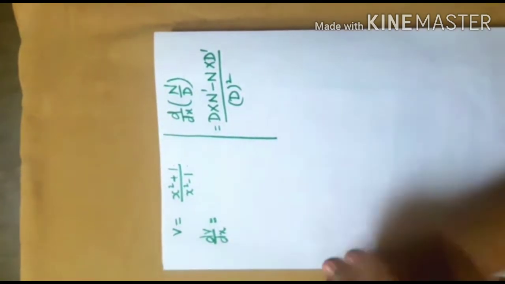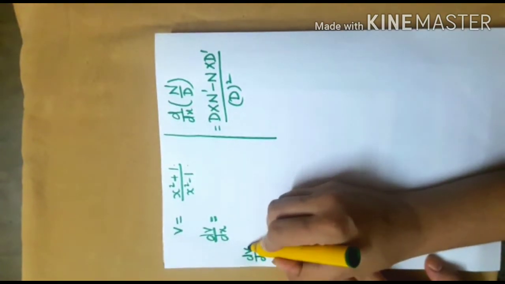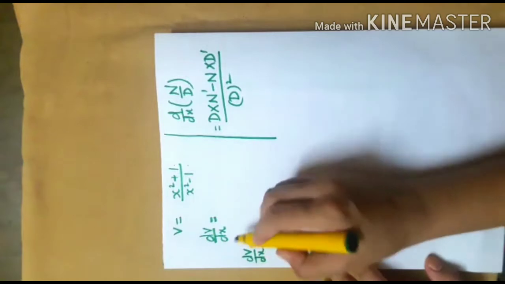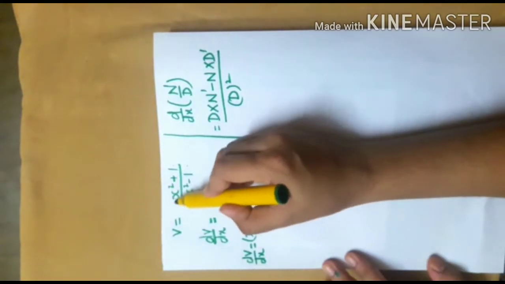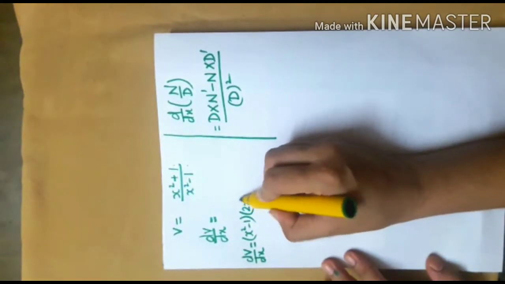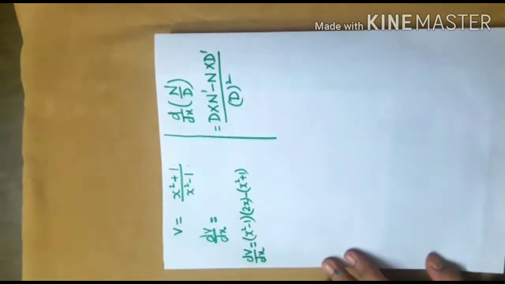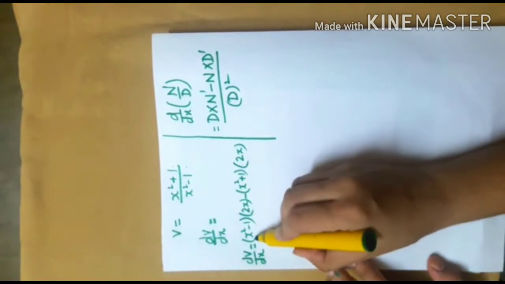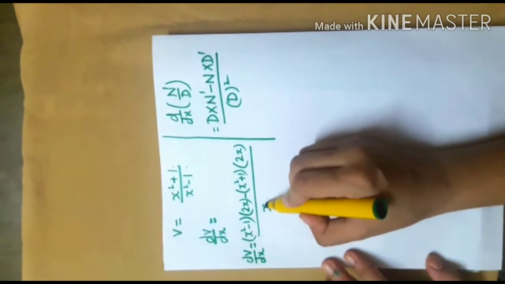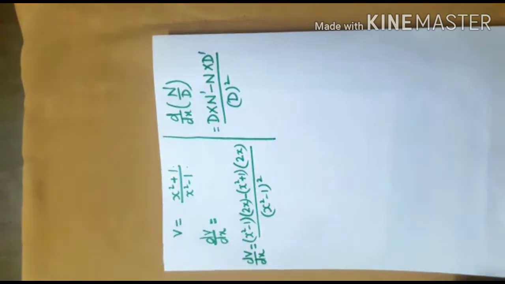So dv by dx is equal to denominator x square minus 1 into derivative of numerator, derivative of x square plus 1, 2x, minus numerator x square plus 1 into derivative of denominator, 2x, whole divided by square of denominator, x square minus 1 whole square.